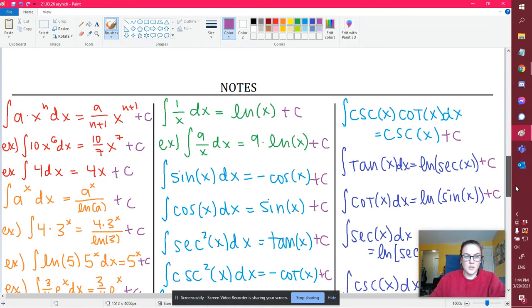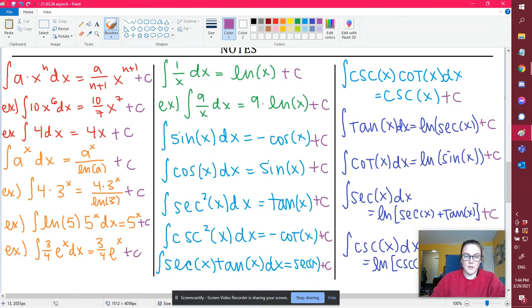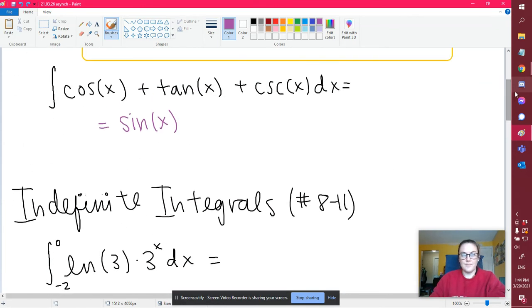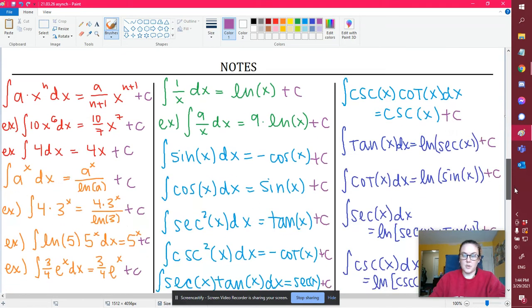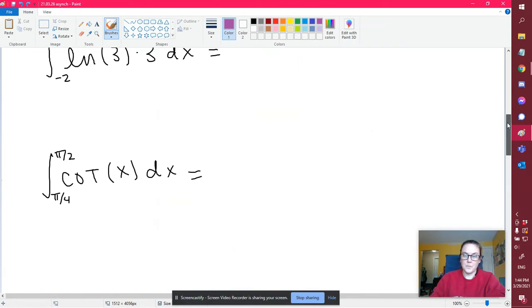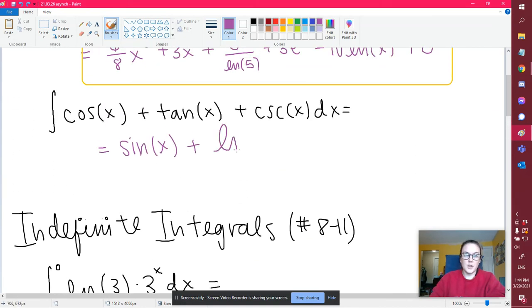Psych, I've got these off to the side, and when it says sine, I get negative cosine, right? Or when it says cosine, I get positive sine. It says tangent, I scroll down here, tangent is the natural log of secant. The integral of tangent is the natural log of secant. So I simply write that down, put a plus.